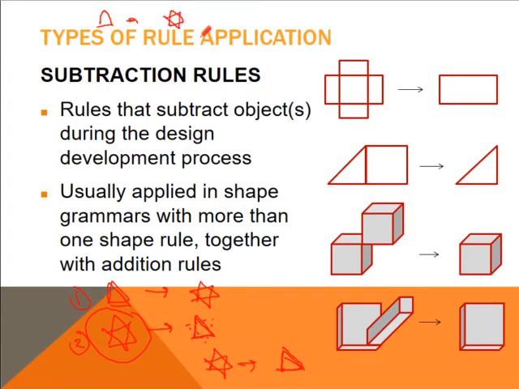Sorry, I think this one also doesn't work, because once you have applied rule number 1, you get that, and if you apply rule number 2, you get back to this. So there's no point doing that. Later on, I will show you more examples, but this combination doesn't work with only two rules.